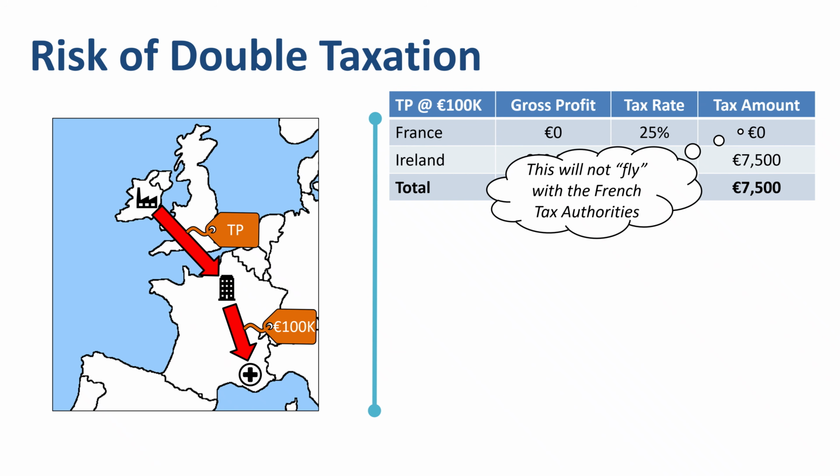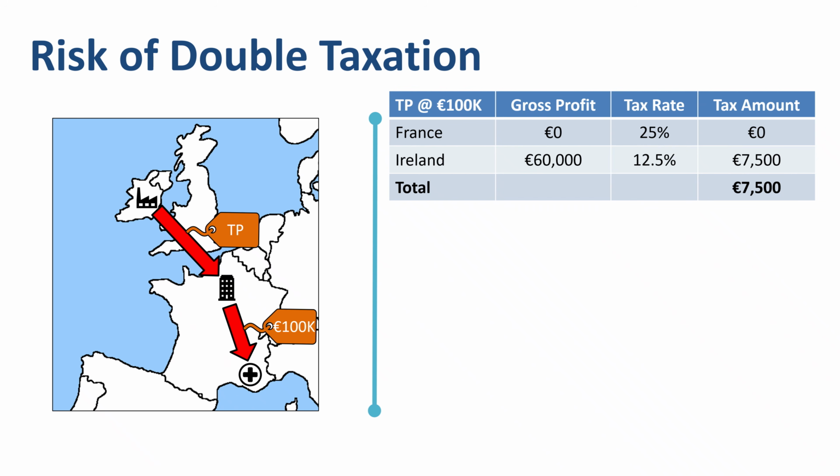After careful review of the situation and the documentation from the MNE, the French tax authorities decide to reject the transfer price of 100,000 euros and mandate a transfer price of 60,000 euros instead, which leads to a gross profit in France of 40,000 euros, taxed at 25%, so a tax charge in France of 10,000 euros, excluding any fines that might be applied for not complying with transfer price rules.